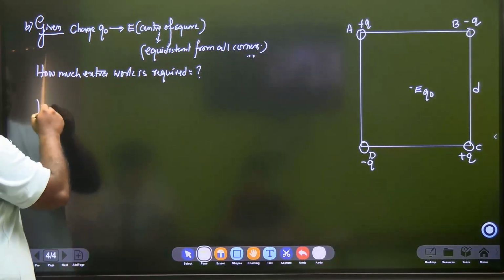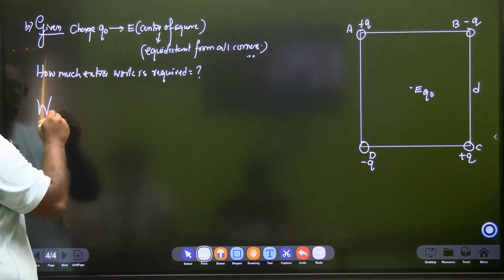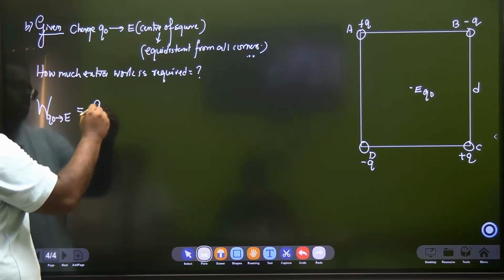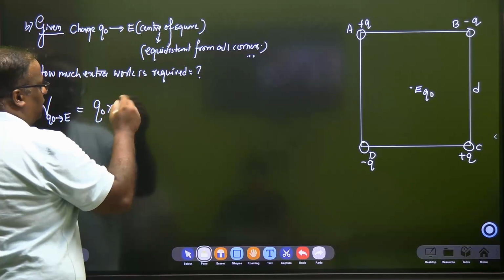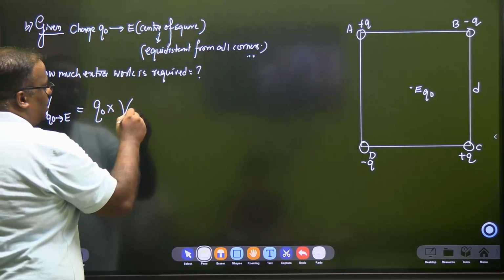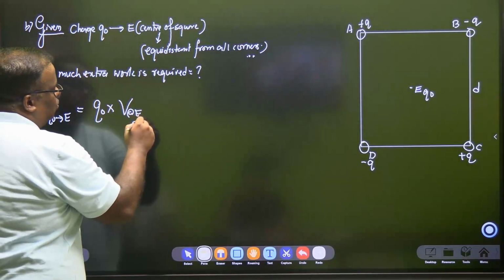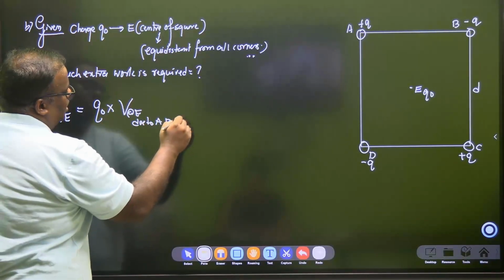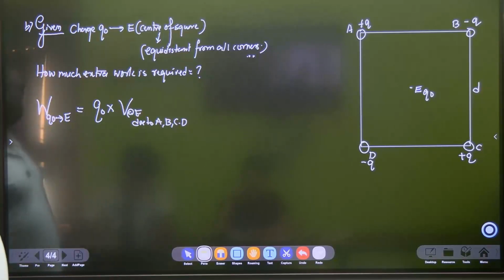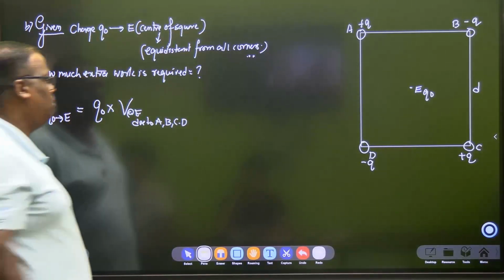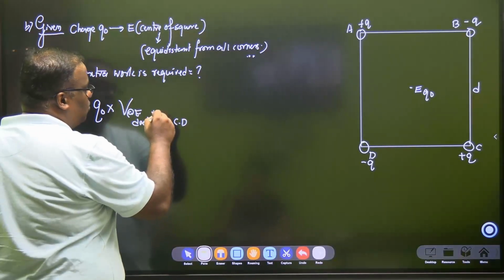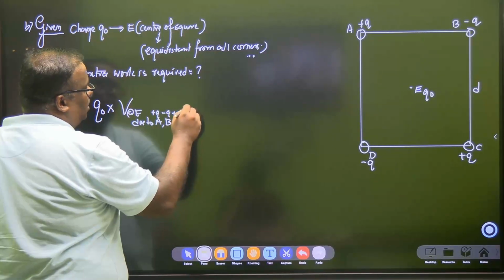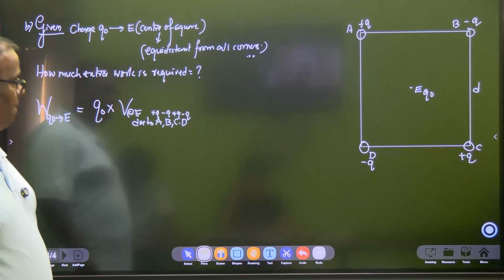The work done for bringing Q naught to the center E is equal to the charge Q naught multiplied by the V at E due to A, B, C, as well as D. ABCD means the charges at ABCD. Due to plus Q at A, minus Q at B, plus Q at C, and minus Q at D. This is the potential.